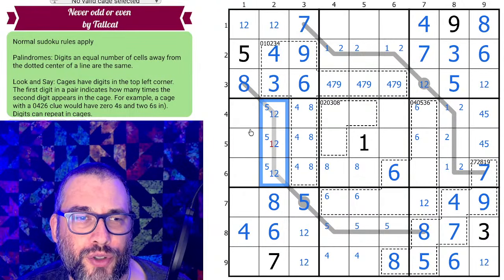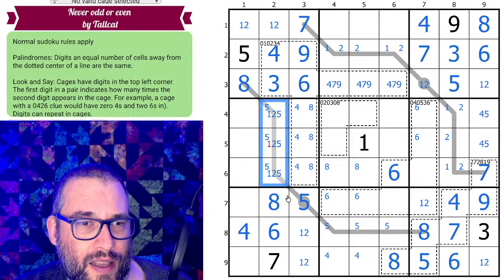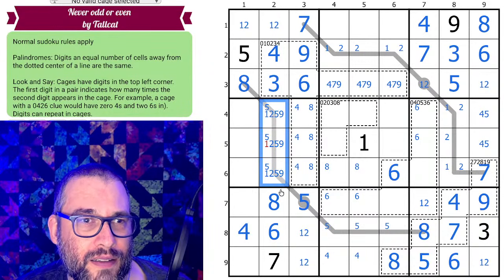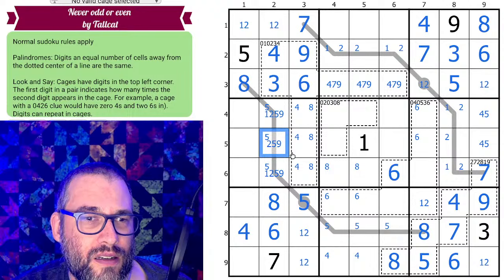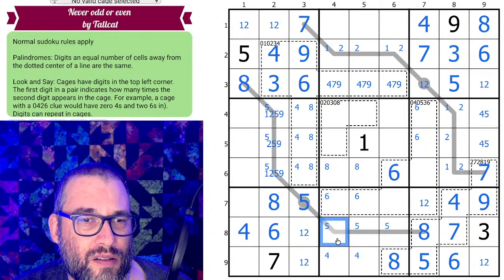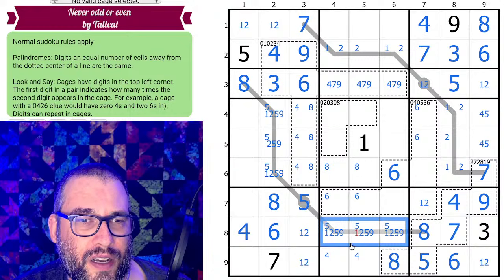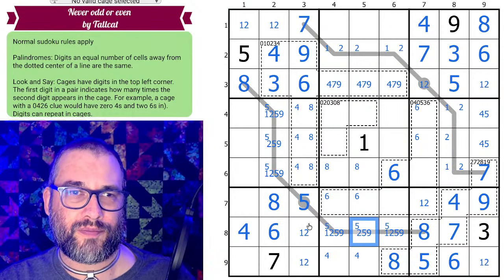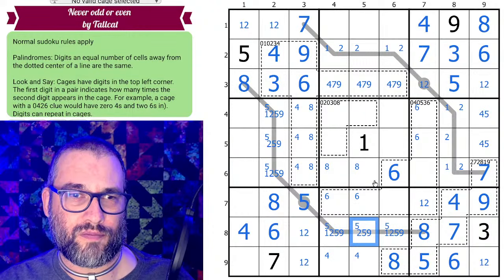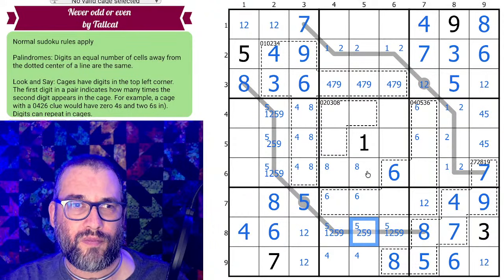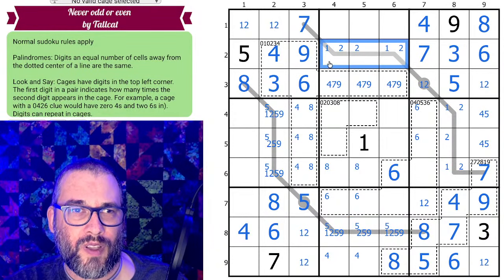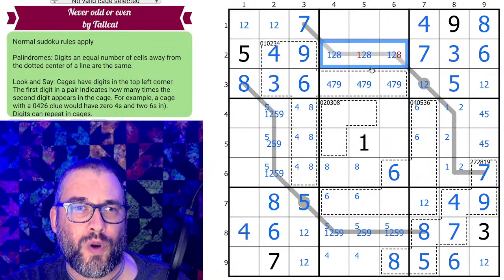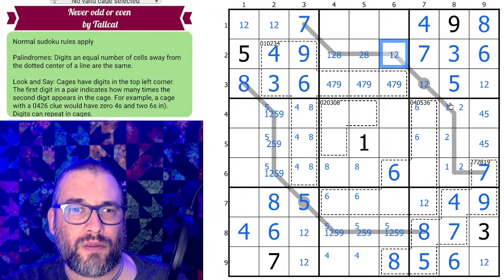We've got 1, 2, 5, and what's the other one? 3, 4, 6, 9. Let's see, 1, 2, 5, 9. Yeah, this is just a 1, 2, 8 triple now.